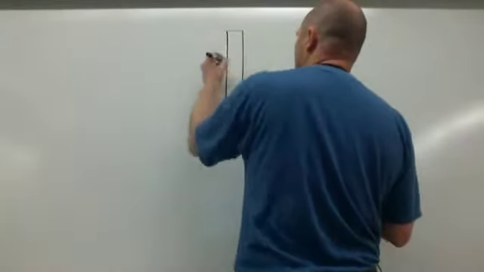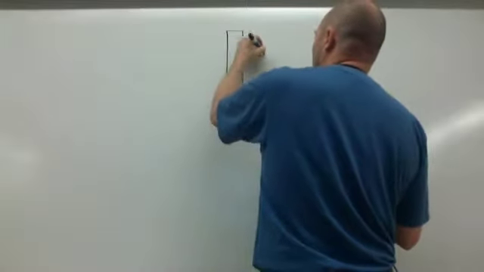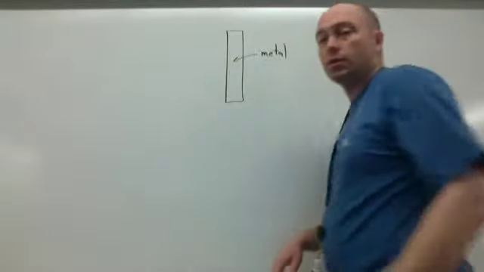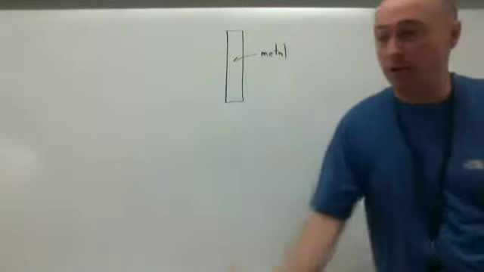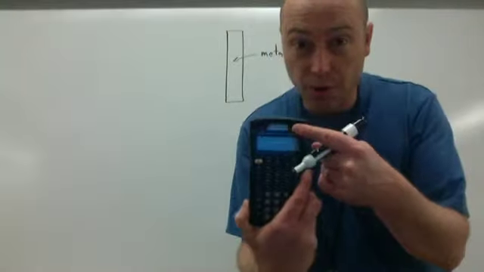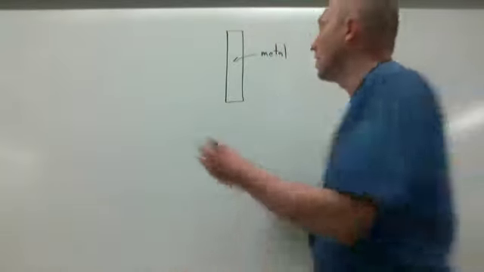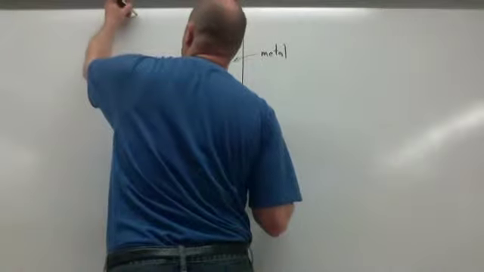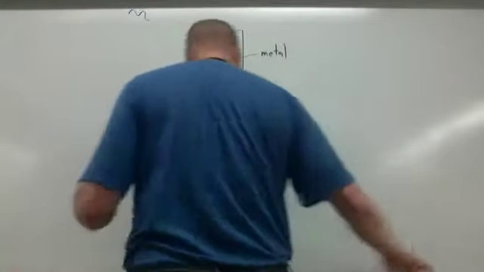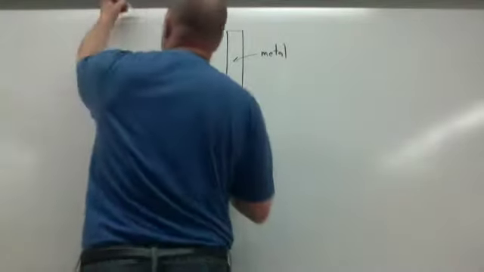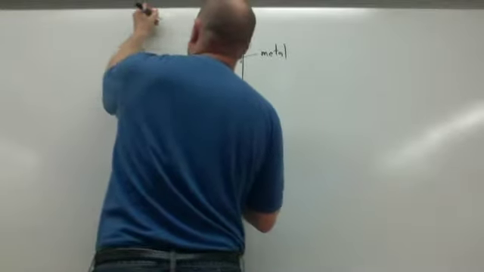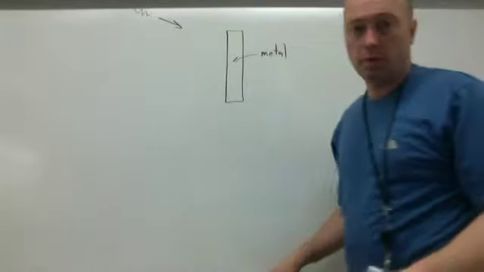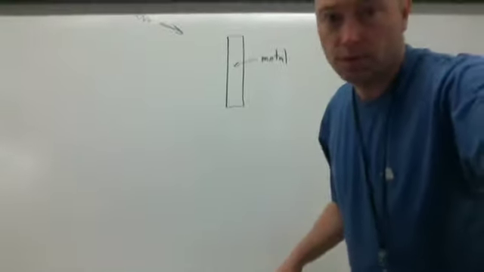Usually, it's something that's metal. So this is a metal object, a metal plate, the little strip right there. And then I'm going to have a photon that is going to come down and hit it. Can you see my photon up there?